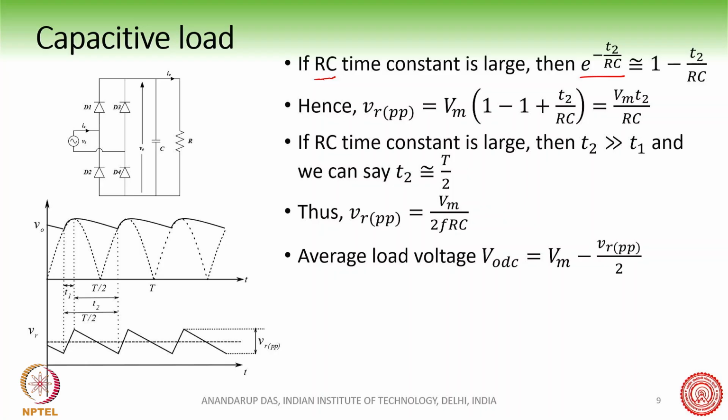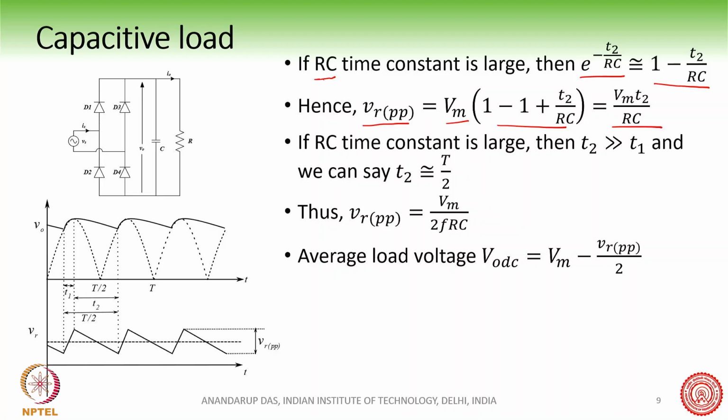In the expansion 1 minus x plus x square by 2, the second order terms are neglected, and so 1 minus e to the power minus T2 by RC can be written as T2 by RC. Therefore, substituting back into the equation, VR peak to peak comes out to be Vm into T2 by RC.